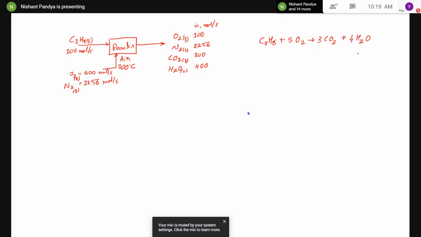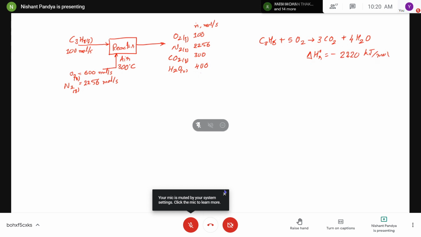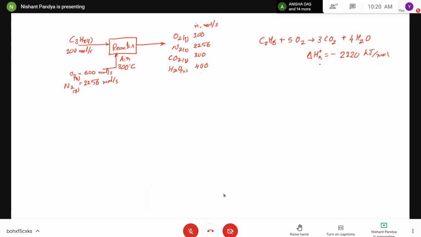So for combustion reaction, the standard heat of combustion is available. Standard heat of combustion means the standard enthalpy of reaction for the combustion reaction. So here delta HR for C3H8 is given as minus 2220 kilojoule per mole, right? Whenever they give standard data, you have to check what this value represents.